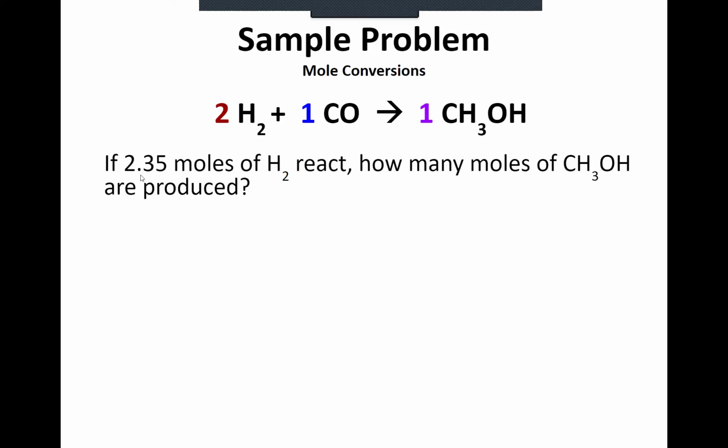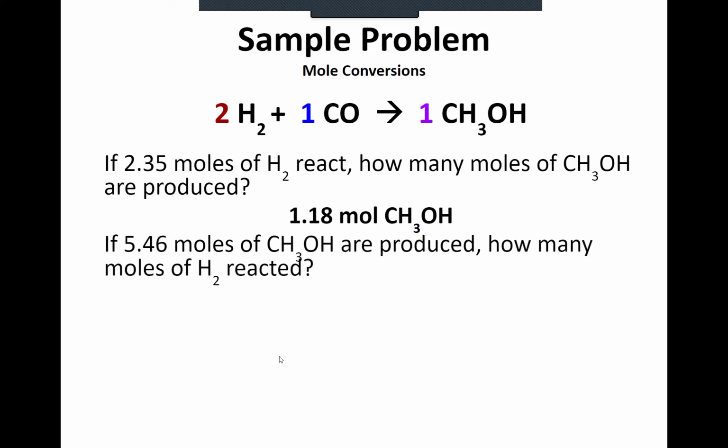So what we're going to do is end up multiplying 2.35 moles of H2 times, in parentheses, 1 mole of CH3OH for every 2 moles of H2. That'll enable us to go from the unit we begin with to the unit the question wants. And after making that division and rounding to 3 significant figures, we would get 1.18.